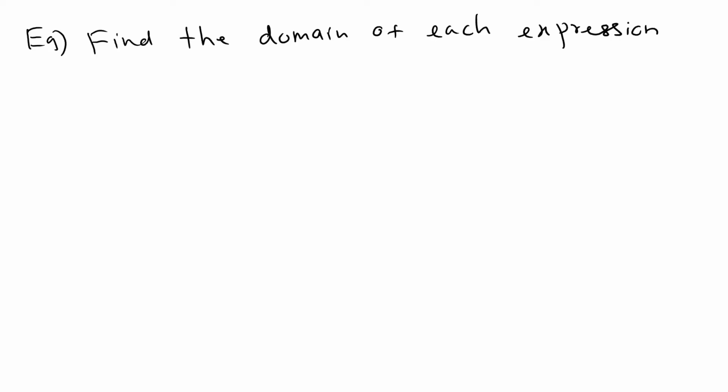We will start with this example first. Let's say, find the domain of each expression. We can start with the first one: 4x cubed minus x plus 3. That's the expression we have, and you can see that this is a polynomial. That means we can plug in anything for this one.